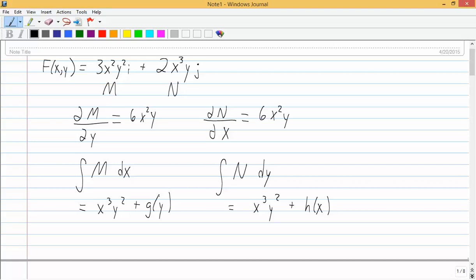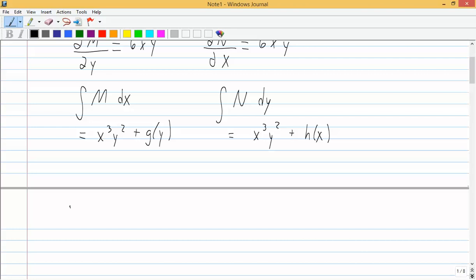But the only term we have is this right here plus a constant. So that means that my potential function is just equal to x cubed y squared plus some constant. And here, instead of plus c, it's usually plus capital K, which means the same thing.